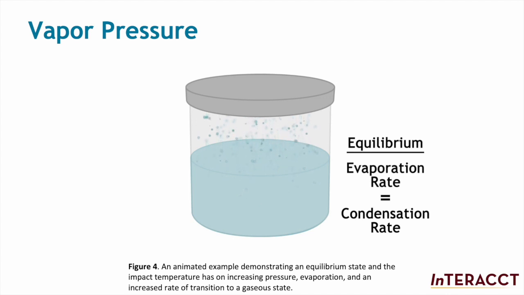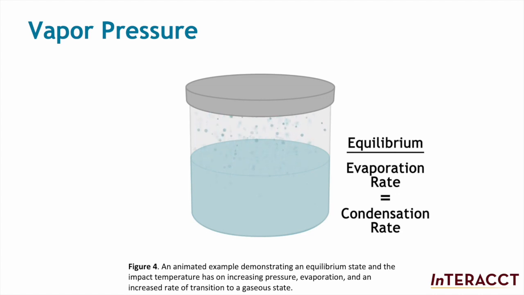This equilibrium state is a dynamic, balanced condition with no net change of molecules between the two phases. That means that the rate at which the molecules evaporate to become vapor equals the rate at which the molecules condense to become liquid or solid. The evaporation and condensation occur at the boundary of these two phases.